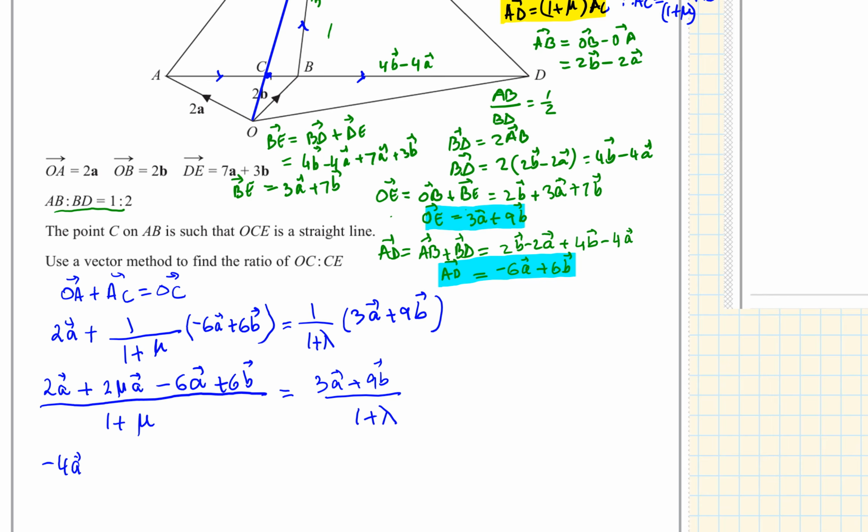Oh, I have to do it all again. So 2A minus 4A plus 2 mu A plus 6B over 1 plus mu is equal to 3A over 1 plus lambda plus 9B over 1 plus lambda.